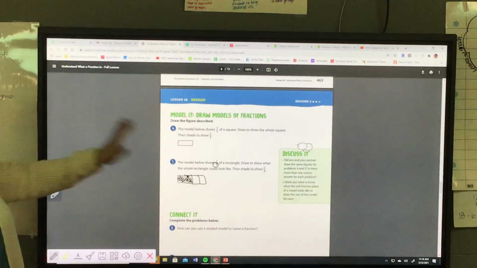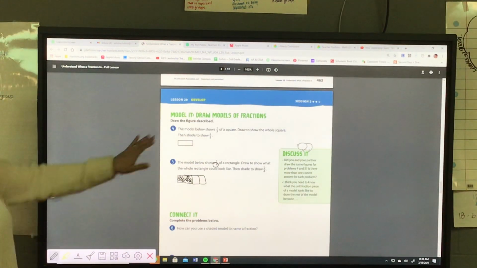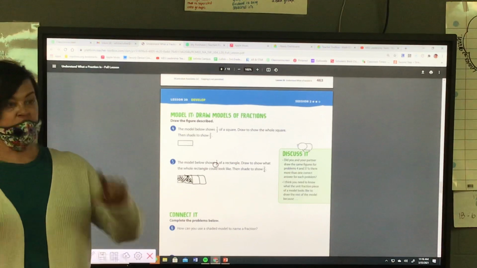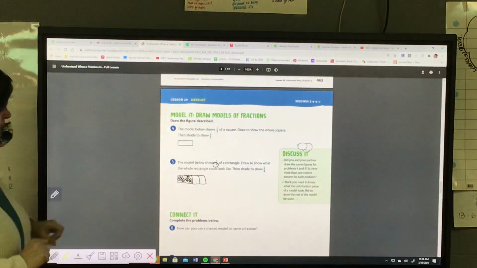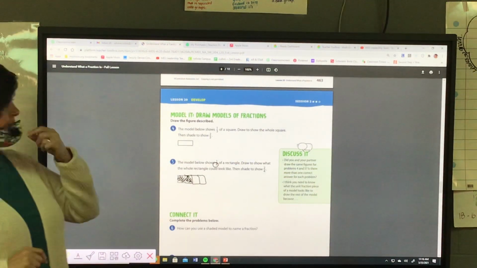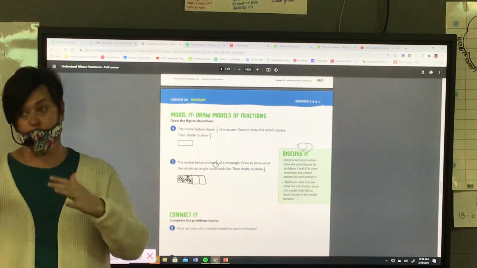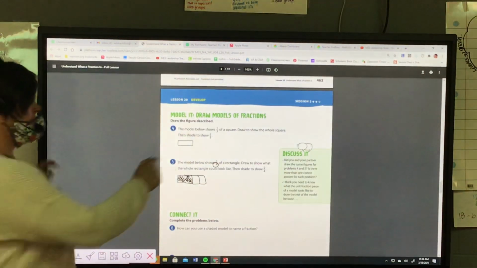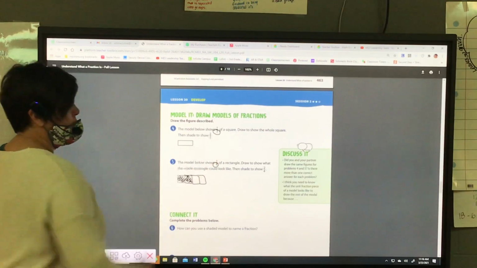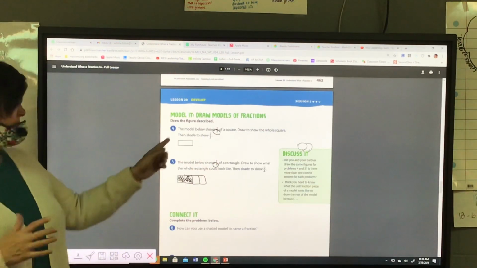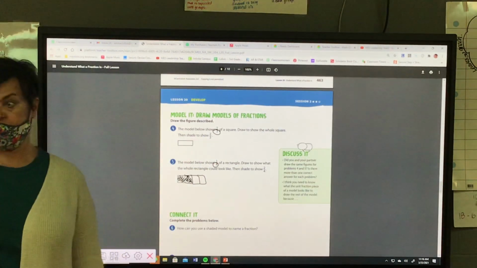Okay, let's look at 4. 1/3 of a square. So we had to draw to show the whole square. This is saying there are 3 equal parts in the whole thing. Right now there's only 1 of those 3, right?